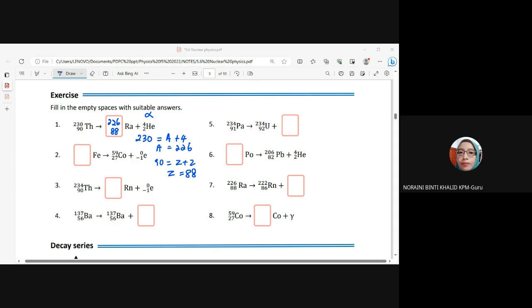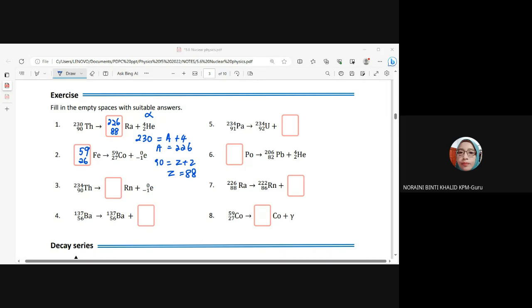Ramai pergi tuition petang lah. 59.26. Alright, okay, good. Balance. Okay, left, right.